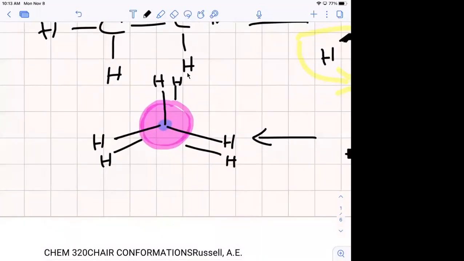So this particular Newman projection is a model that we use to talk about a couple of things. We use it to talk about what we call conformational mobility, in other words, rotation around carbon-carbon bonds.